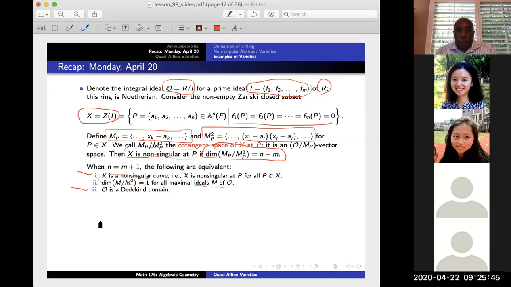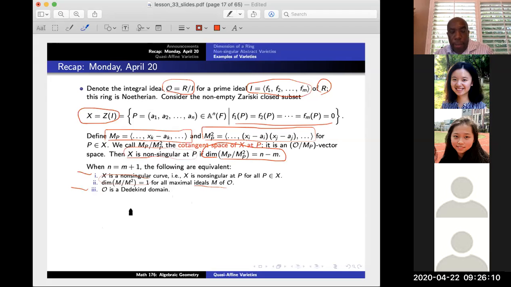So there are 3 different ways in which you can think of things here, and it just depends upon what you feel more comfortable with. So again, if you go back to, let's just start with m polynomials and n variables, then we can talk about the Jacobian, we could talk about derivatives. There's a way we can translate the tangent space into the cotangent space, and now it's just a matter of looking at these m mod m squareds.